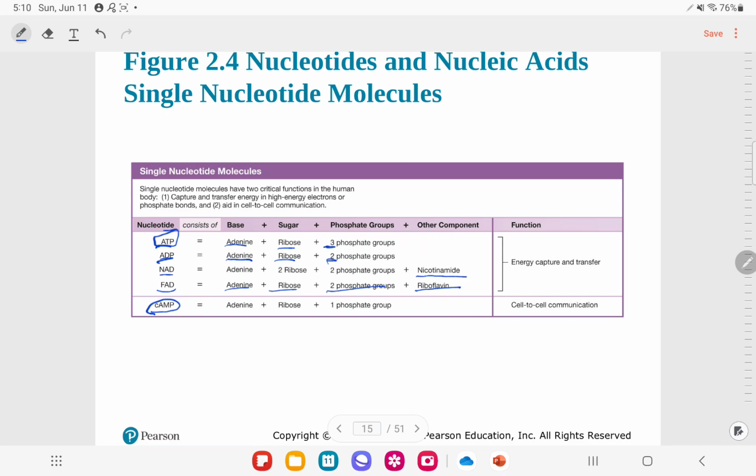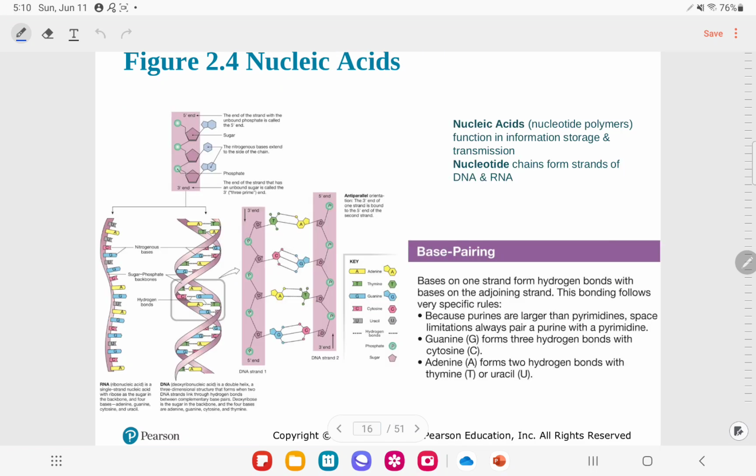And this is going to be a high energy yielding molecule. We're able to throw off one of those phosphate groups, basically, as energy to support a reaction. It's those phosphate groups that we can absorb or give away that allow us to transfer energy or transfer electrons.